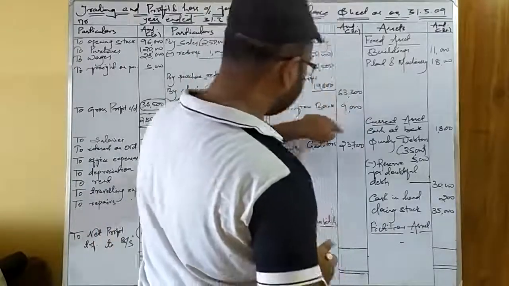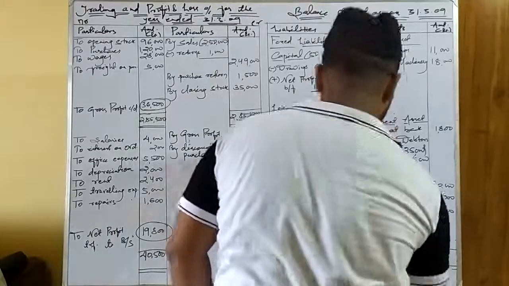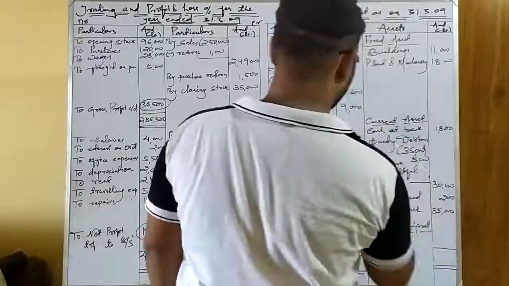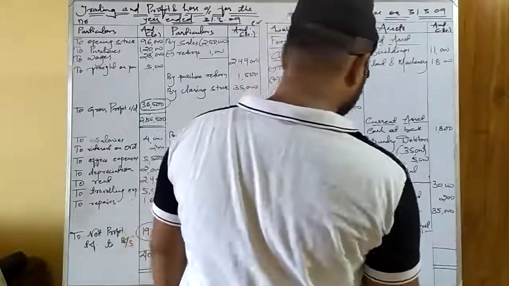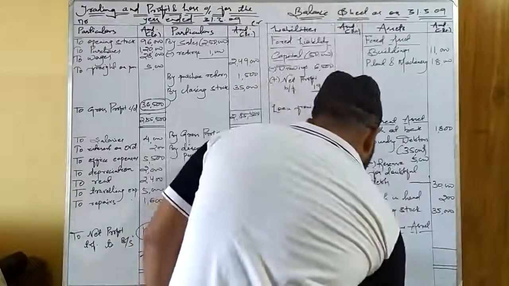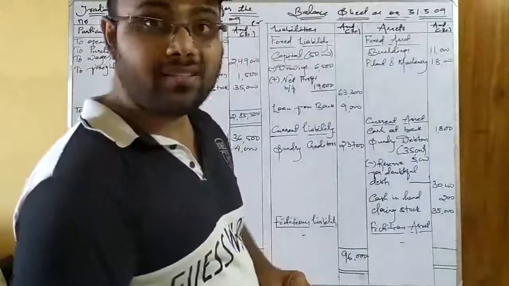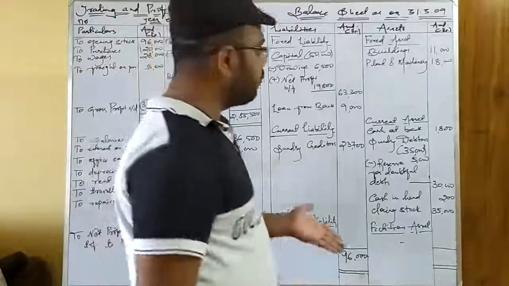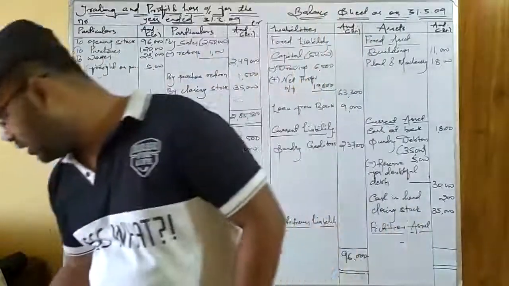This is 3, 7, 10, 1, 9, 10, so 73, 76, 96,000. So we get the total of the liability side of the balance sheet as 96,000. Before going to the calculation of the total of the asset side, let us check whether we got the answer correct or not.